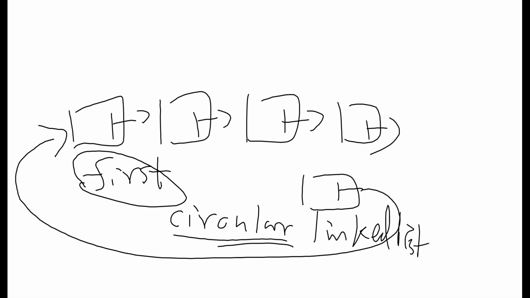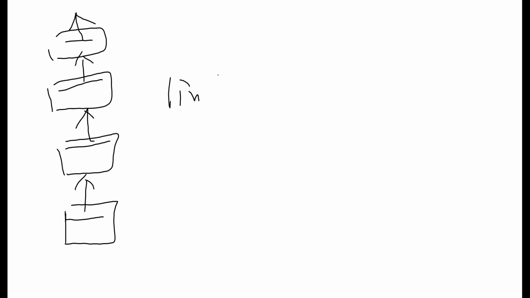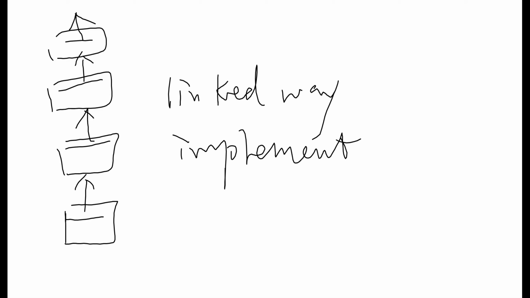So we can see there are all sorts of ways. Conceptually, like for the stack we learned, once we learn stack, you can also implement a stack as a linked list. So you can use a linked way to implement a stack, and same thing for queue.